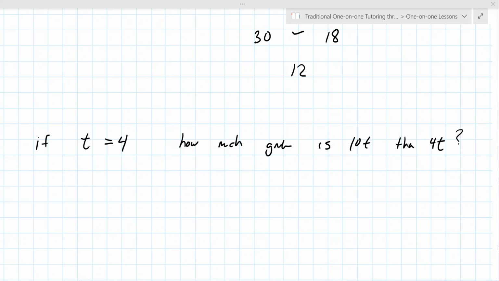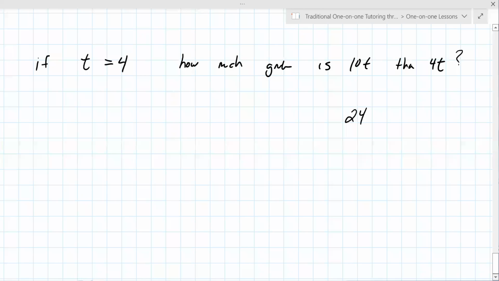40 minus 16. 24. 24, good. Okay, now let's try another one here. I'll make this a little bit harder.